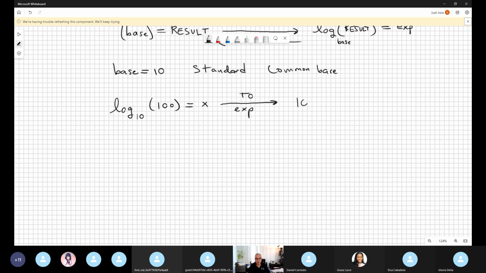Oh, the base is 10, raised to the exponent. The exponent is the thing I don't know, the thing I try to find. It's equal to 100. So this statement is 100% equivalent to this statement. The only thing that changed is the shape. It's another form, but it's algebraically equivalent.